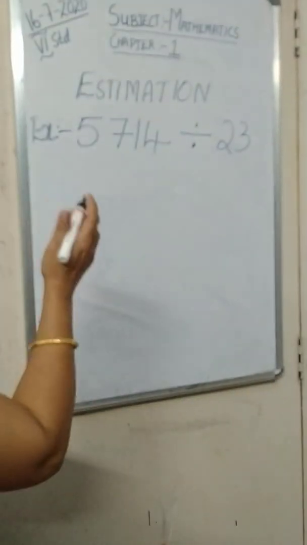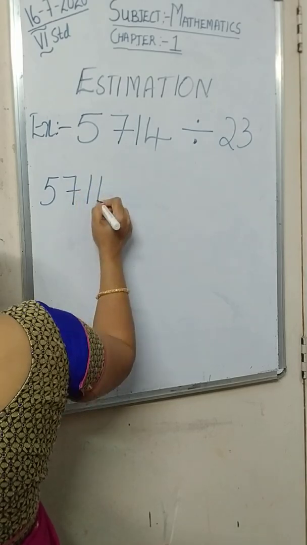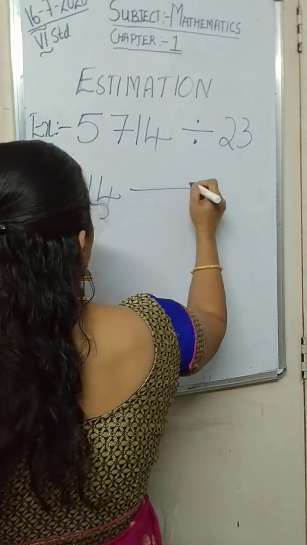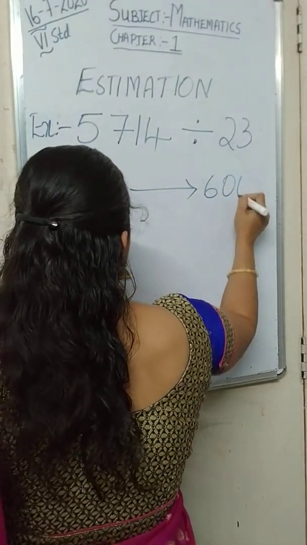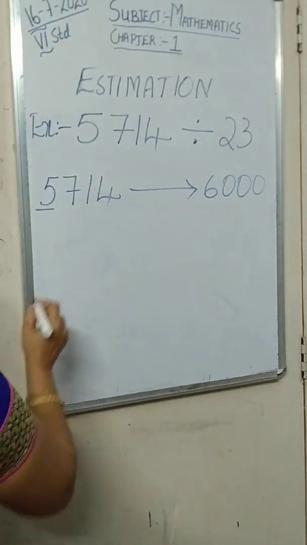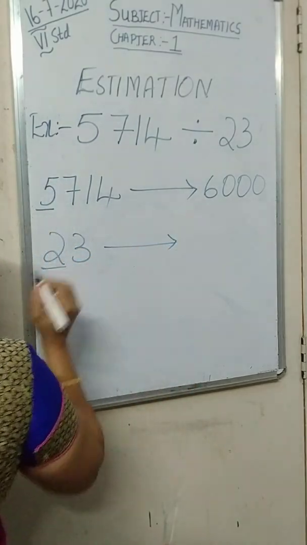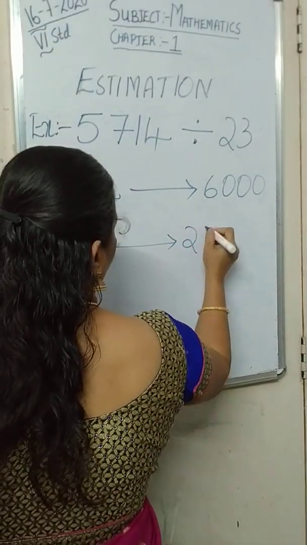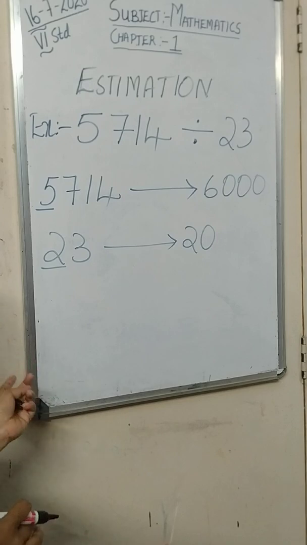Yes, before division, we'll estimate. 5,714 can be estimated to 6,000 and 23 can be estimated to 20.